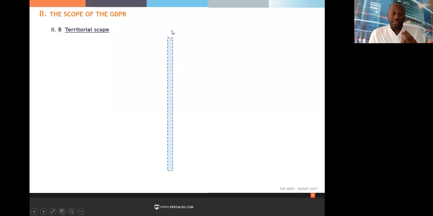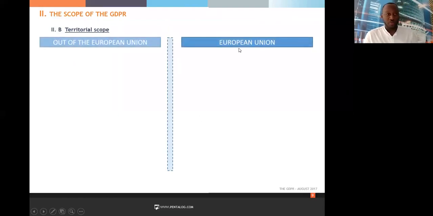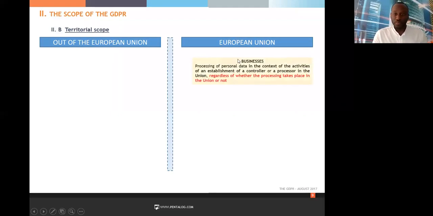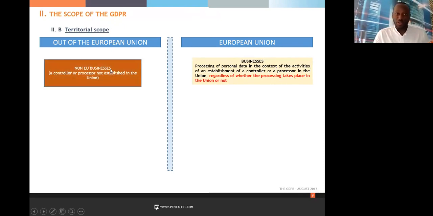I want to symbolize this as a border, with the European Union and out of the European Union. So the GDPR applies to businesses processing personal data in the context of the activity of an establishment of a controller or processor in the Union, regardless, and this is very important, regardless of whether the processing takes place in the Union or not. The GDPR applies as well to non-EU businesses, if you're wondering whether the EU is concerned, but under some conditions, of course.